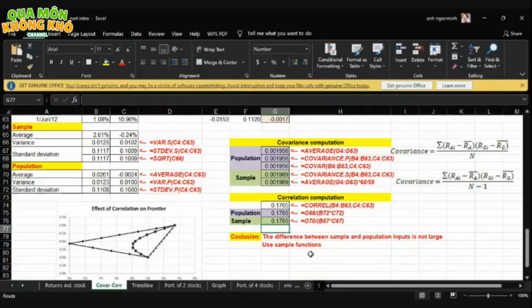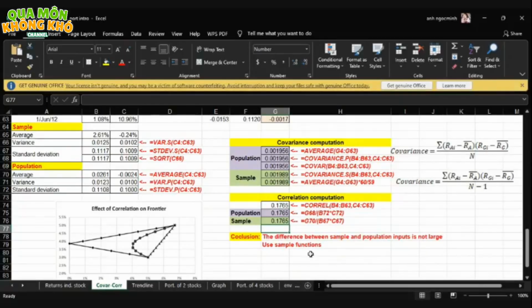In previous lectures, teachers have raised the question of the importance of covariance and correlations. So I would like to explain that we use covariance and correlations as measures to identify the relationship between two stocks.